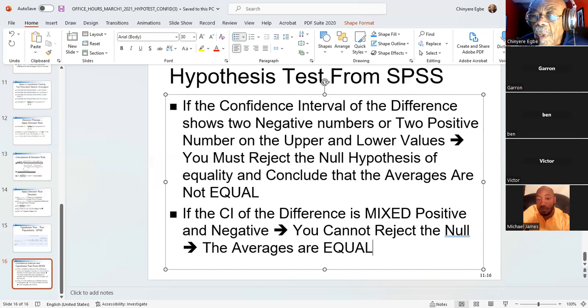Yes, Professor. I have a question. Sure. So for the level of significance for my homework, I chose 5%. Fine. The answer that I got should have still come out the same as if I would have chosen 2%, right? No, if you choose 2%, you're being more conservative. Okay.